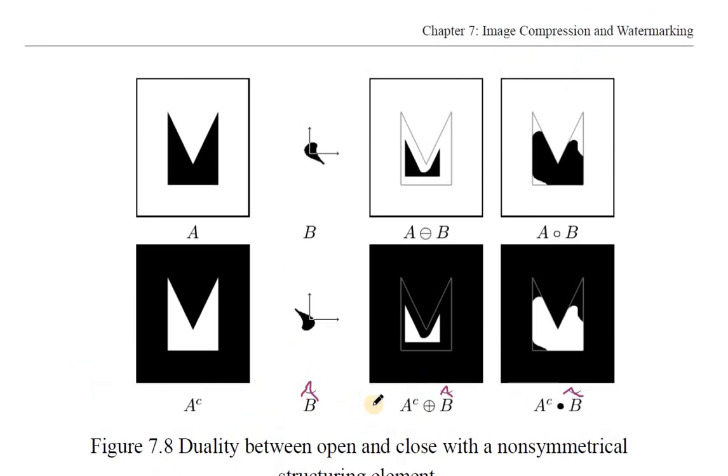So as I told you, every time it is not necessary that your structuring element has to be symmetrical. In case your structuring element is like this, then B and B cap are going to be two different things. Till now we were looking at only symmetrical structuring elements, so B or B cap were not making any difference for us. But here, when I am using B which is asymmetrical, non-symmetrical, then obviously B and B cap are going to be different.